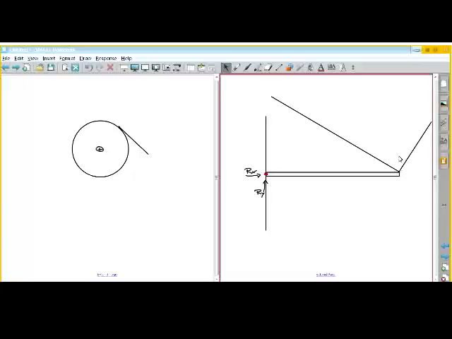Once you have the y value of the cable, you can just use geometry to find the total tension and the x component.